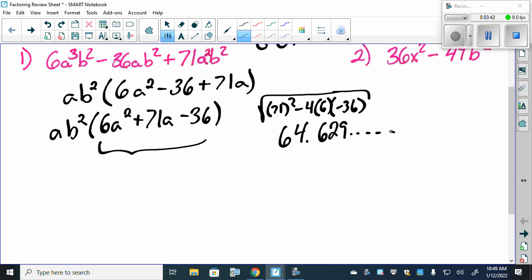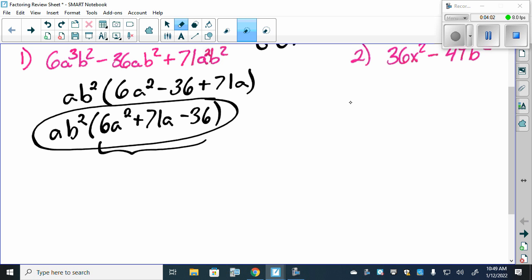What that's telling us is that this is as far as it goes. The quadratic inside the parentheses, 6a squared plus 71a minus 36, is not factorable. We cannot factor it.